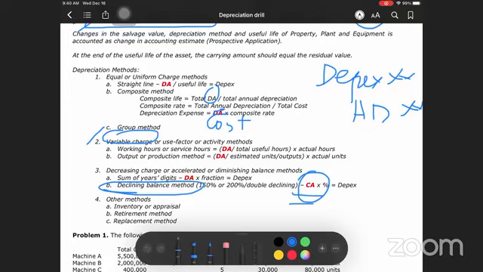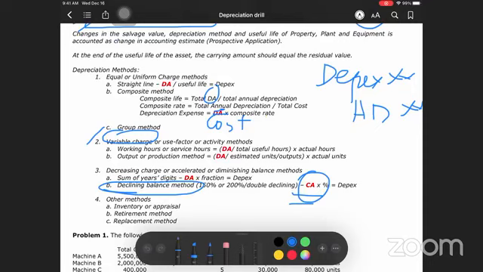It would be based on the activity or use, how much the property is used, what activities the property, plant and equipment is used for. Normally under the variable charge or use or activity methods, it will be based on the hours, the activity, or the production or output. Under this method, you have two: the working hours or service hours, and the output or production method.